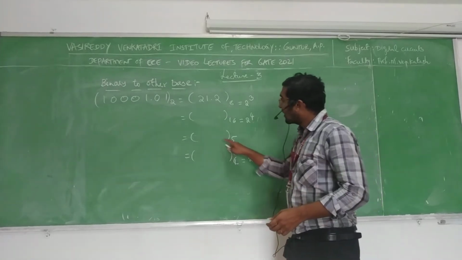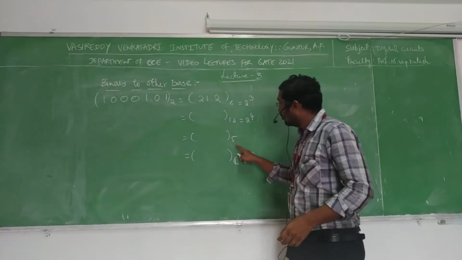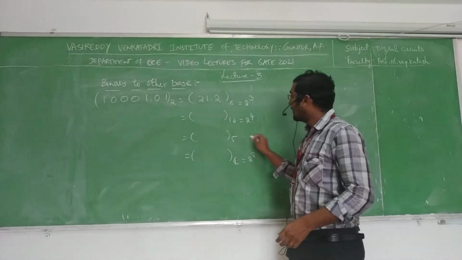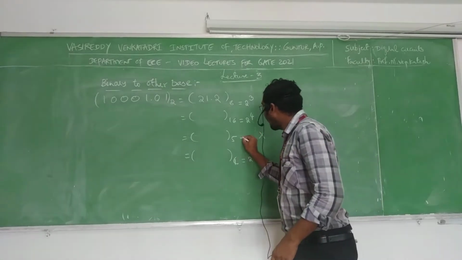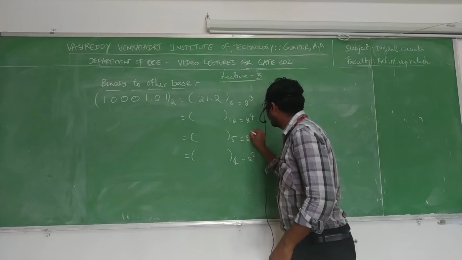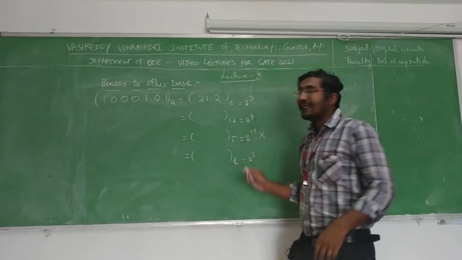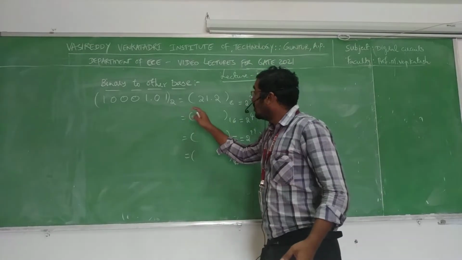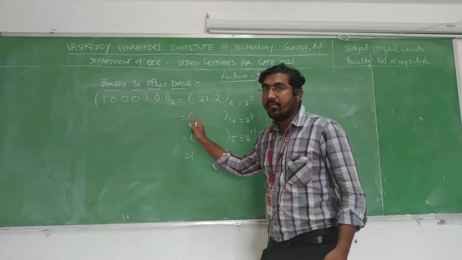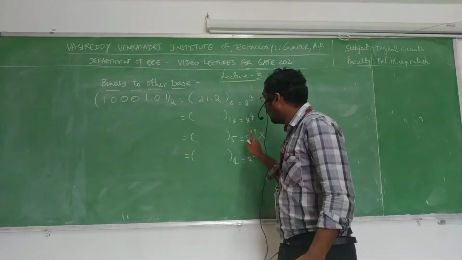And if you ask, can you convert binary to base 5 directly? Then the answer is no, because we cannot write 5 in terms of 2 powers. As we can't write 5 in terms of 2 powers, it is not possible directly from binary to base 5.